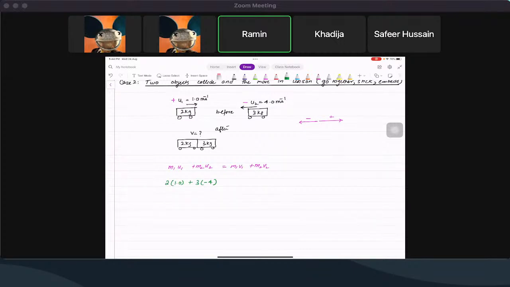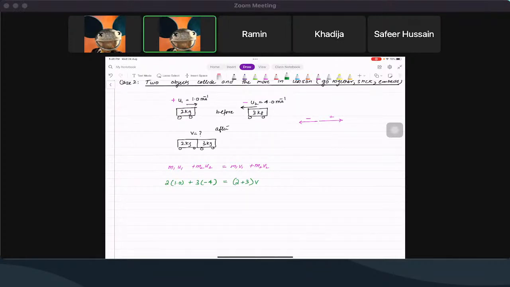Okay. So this is 3 minus 4, and then when they say they go together, now they're sticking, which means we're going to add their masses together, and now they're moving at one single velocity. Do you guys understand this? Yes, sir.